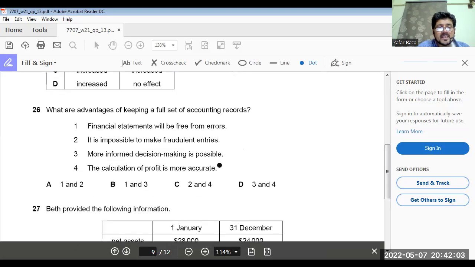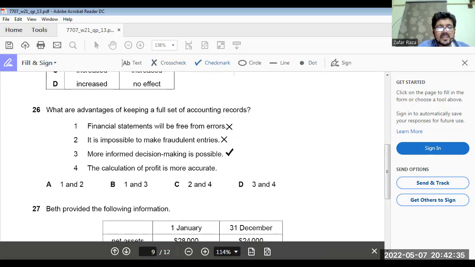Okay. Now, what are the advantages of keeping a full set of accounting records? Financial statements will be free from errors? No, I don't think so. It is impossible to make fraudulent entries? No. More informed decision making is possible?